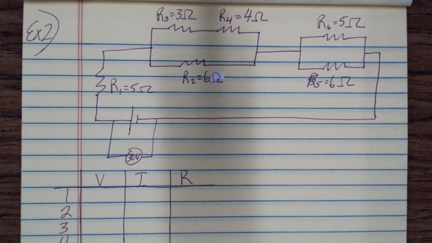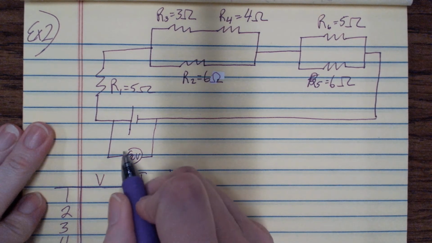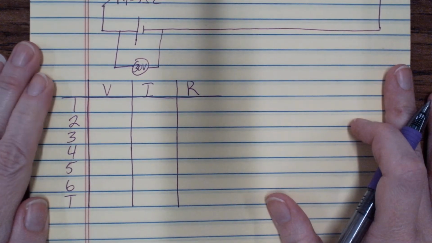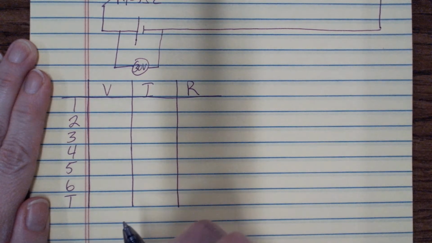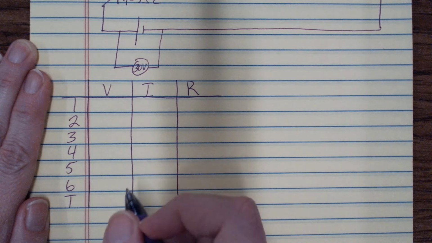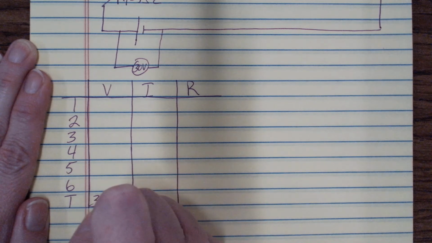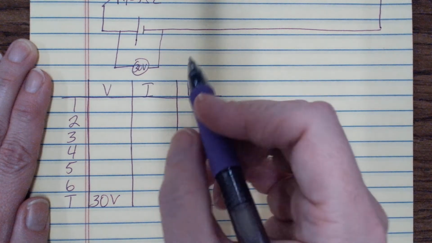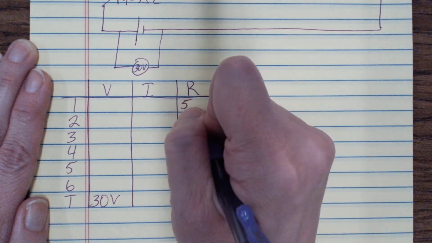Okay, so let's write down everything that we know about our circuit. I have a battery, and it's got 30 volts on the voltmeter. So I don't know if you can see my table here. So this is 30 volts on the battery. My resistor number 1 is 5 ohms.